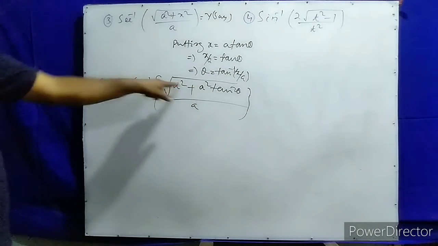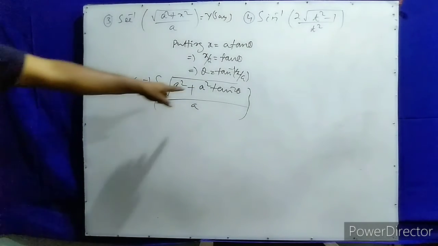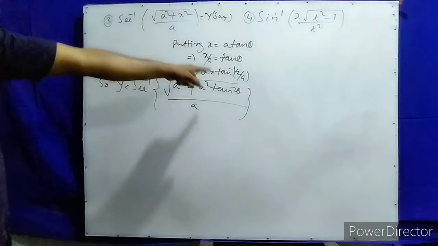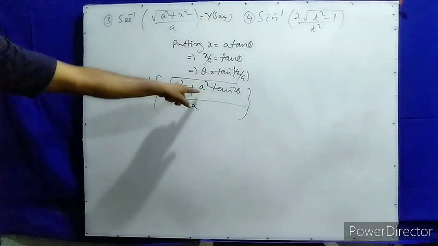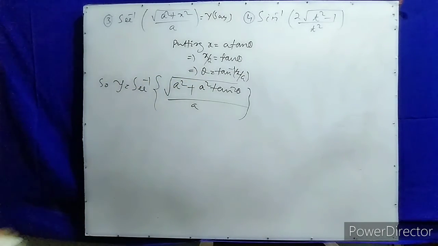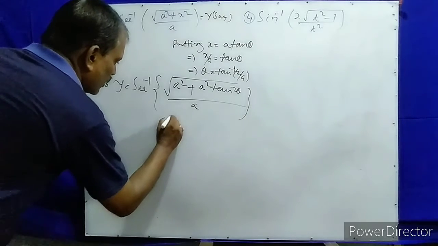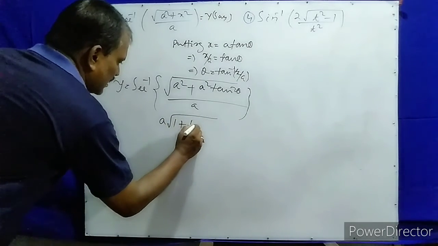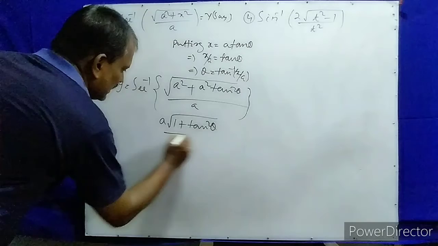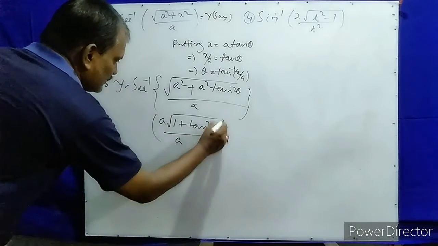Which one is common in the numerator? A square is common, but here is the root. If you take a square outside, then it will be a, root over 1 plus tan square theta, and in the denominator a is there.